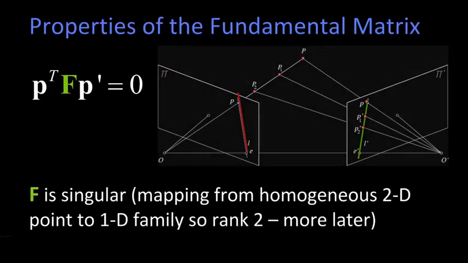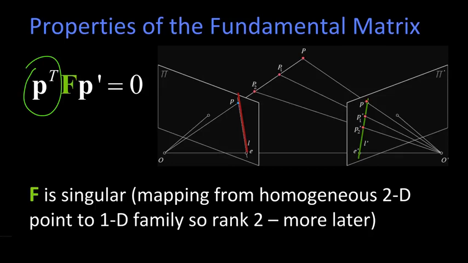One last thing about the fundamental matrix, and we'll look more at this later. The fundamental matrix is actually a 3 by 3, right? Because this is the homogeneous coordinate of an image point, so it's a 3 vector. But I will tell you, we're going to show this in a little bit, that the F matrix is actually singular. And the reason for that is if it wasn't singular, it would map between points and points. But in fact, it maps between points and lines.